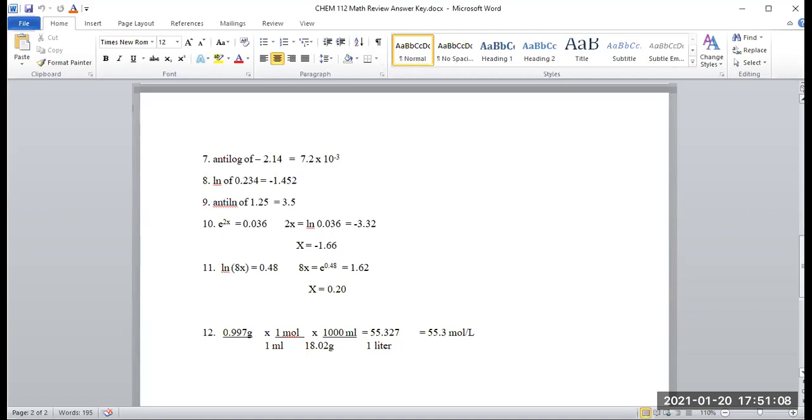Now, the last one, oh, phooey. I realized I hit my space bar one too many times. Let's see if I can fix this before I post it. Ah, that didn't work.